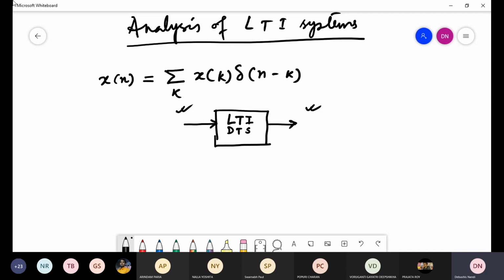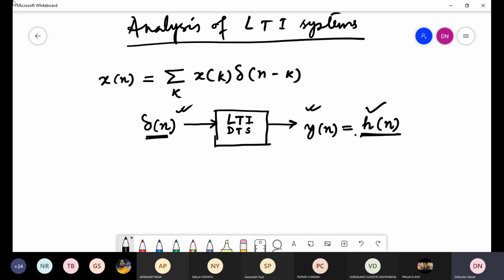So if you apply some signal delta(n), unit impulse, here at the input side of the linear time invariant discrete time system, then the output y(n) for this delta function at the input will be equal to impulse response, and it will be designated by h(n).